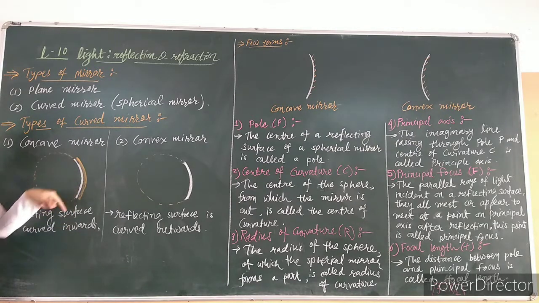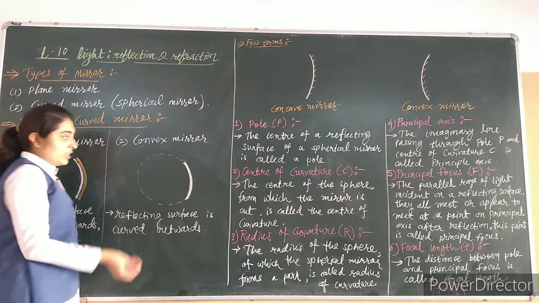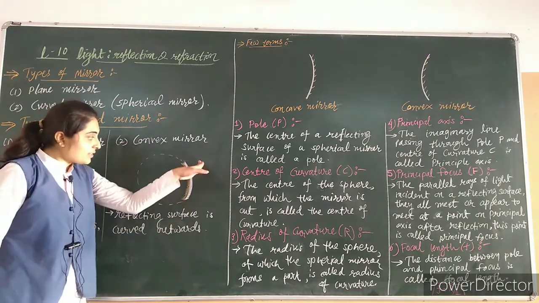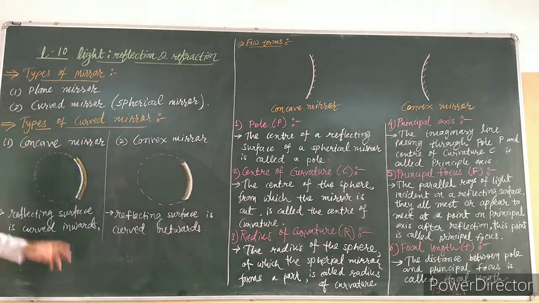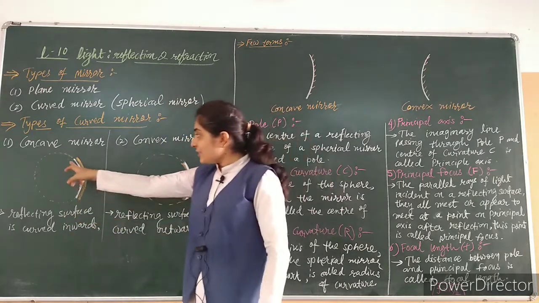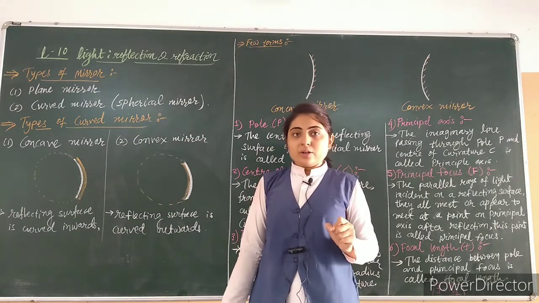So the reflecting surface is inside; light cannot be incident on the coated side and cannot be reflected there. In the other case, if we coat the mirror from inside, then the reflecting surface will be outside. If the reflecting surface is curved inward, that mirror will be a concave mirror.